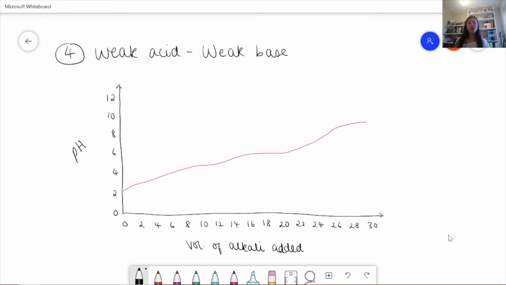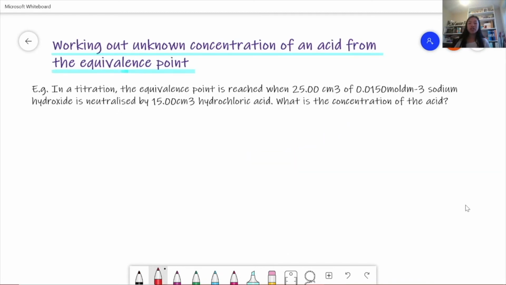And we also know that it's a weak base that's being added because the pH, when it starts leveling off, is around 9. And if we wanted to add the acids to the bases, all of these curves would be flipped round pH 7.